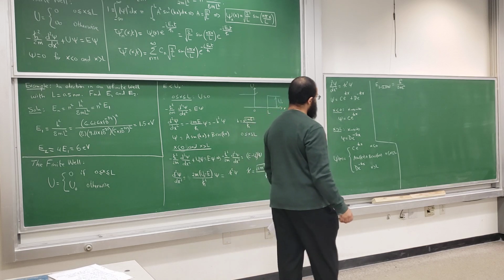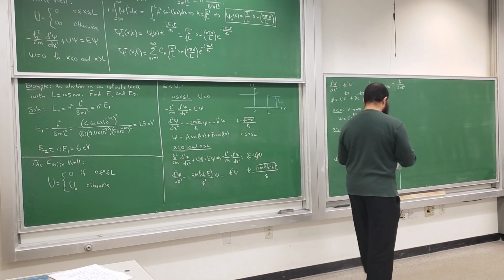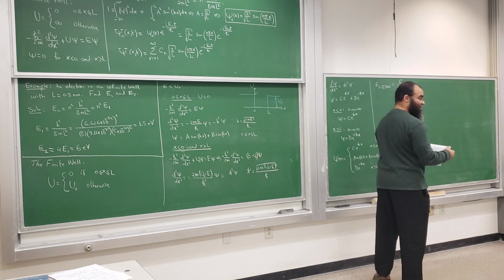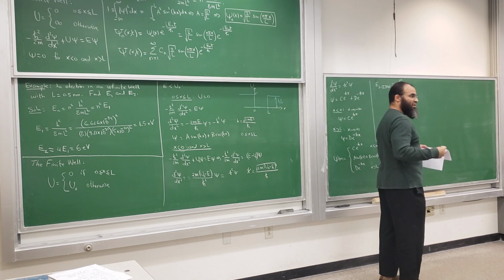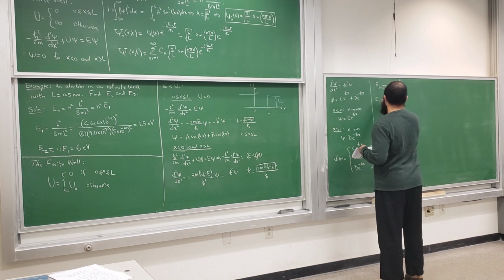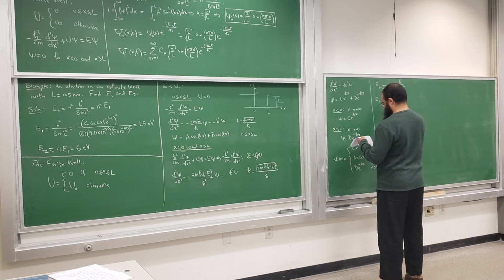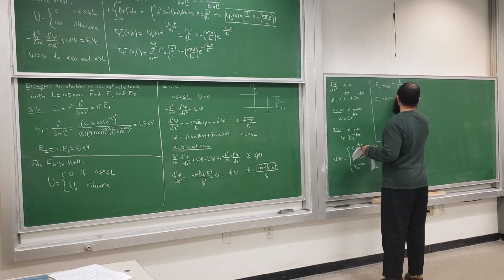How do the energies of this finite well compare? I would quote the first three. It depends on the depth of the well also, but the first three are this. E1 for the finite well is equal to 0.625 times the first energy level of the infinitely deep well.